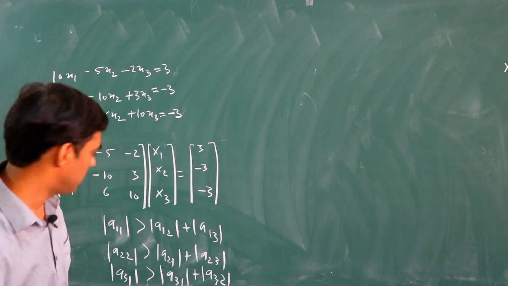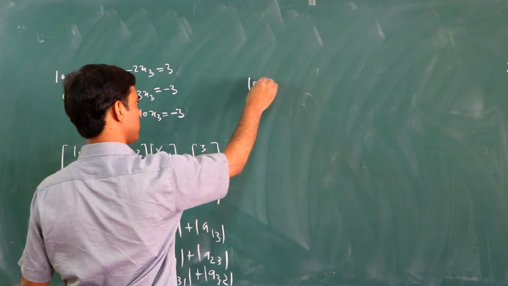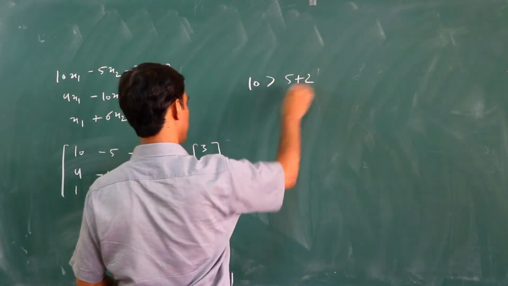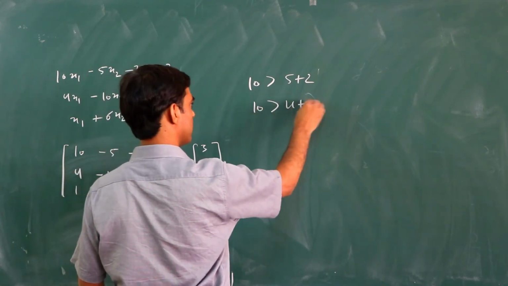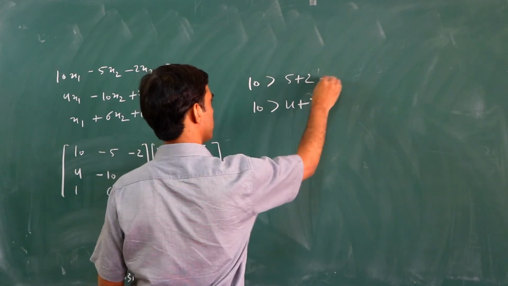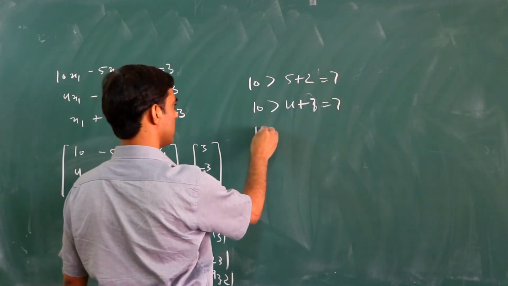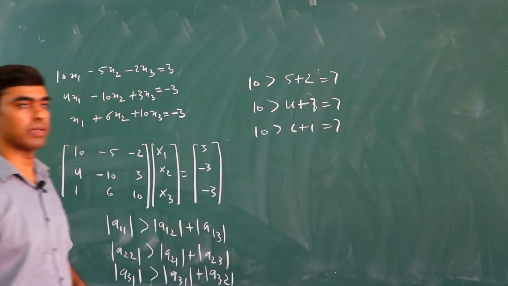Now we check whether these conditions are satisfied. 10 is greater than 5 plus 2, which is 7, and 10 is greater than 4 plus 3, which is 7, and 10 is again greater than 6 plus 1, which is 7. So all three conditions are satisfied.